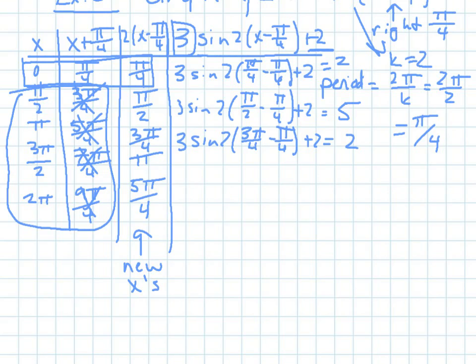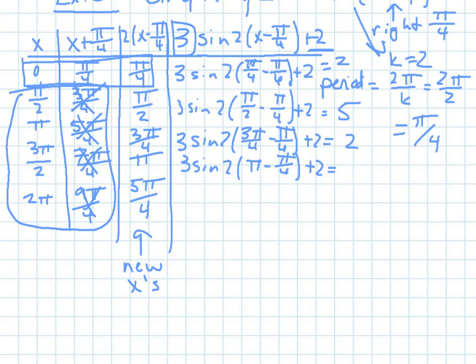Then 3 sine of 2 times pi minus pi over 4 plus 2. So here, pi minus pi over 4 is 3 pi over 4. 3 pi over 4 times 2 is 3 pi over 2. Sine of 3 pi over 2 gives me negative 1. Negative 1 times 3 is negative 3.